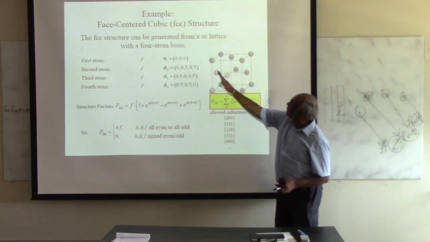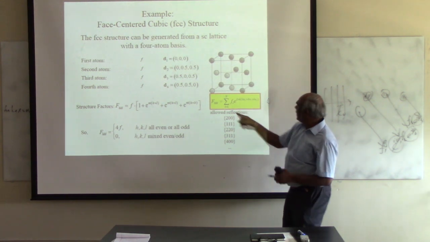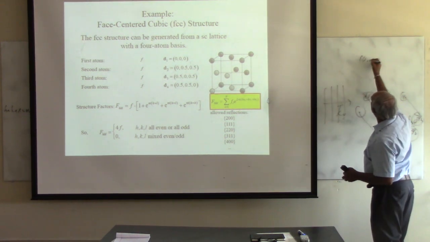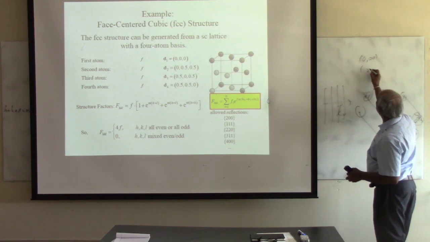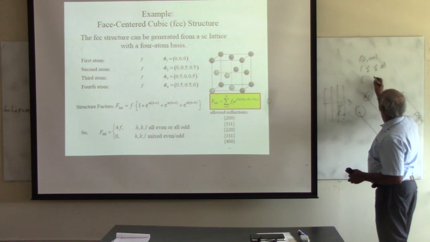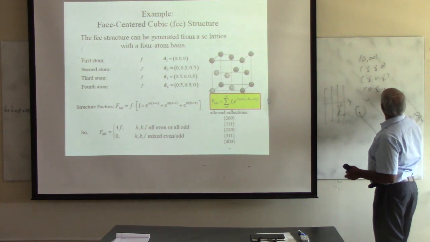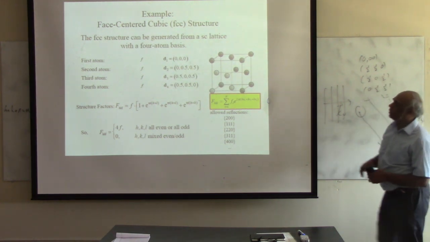You don't have to consider both faces, right? That's the same. That means you have one at 0, 0, 0. Other one maybe half, half, 0. Other one is half, 0, half. Other one is 0, half, half, right? These are only 4, so you can see.